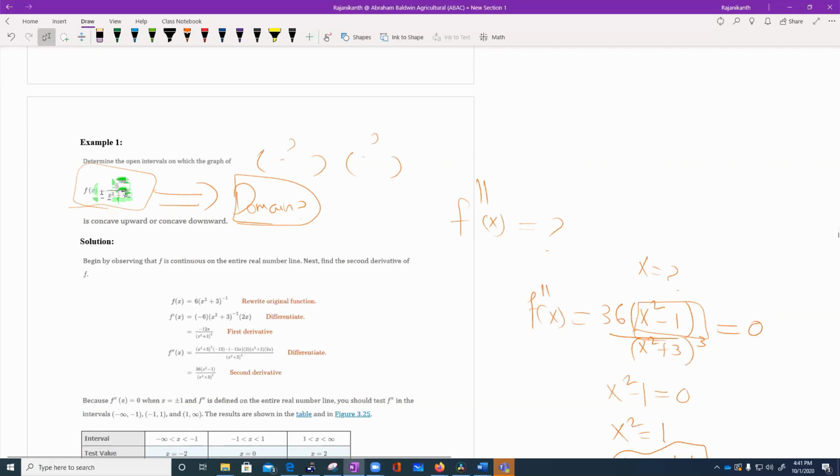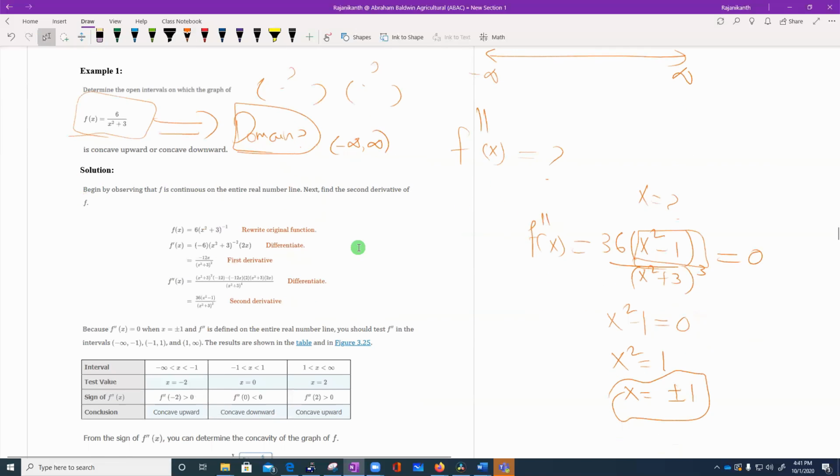You will get a good number here. Why? Because your denominator is always positive, no matter what you plug in for x. x could be 0 as well, but still you will get a positive denominator. Therefore, this function is well defined for any x value. So the domain is all real values, negative infinity to positive infinity. That makes sense? Yes, sir.